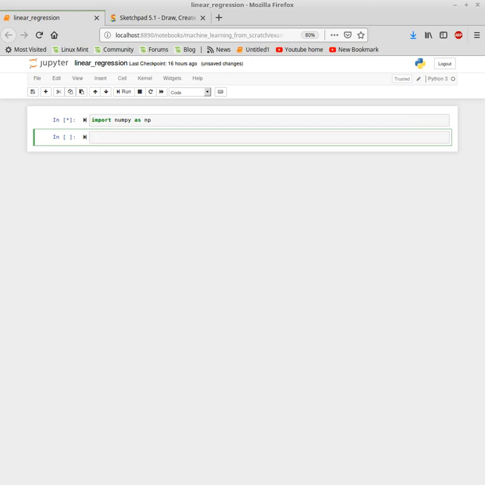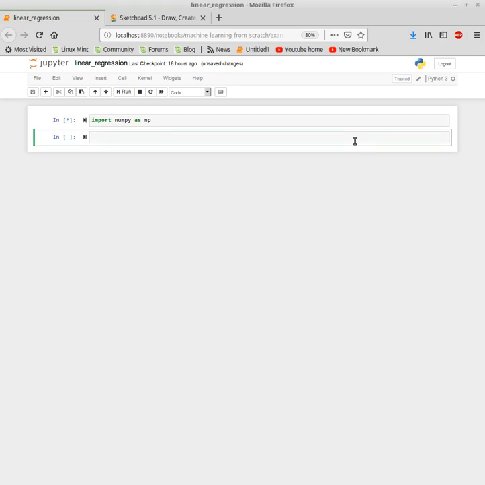So let's create a linear regression class, and then we'll create 3 methods: train, validate, and predict. And then we can have the input data and the XY data be the input data, and then we can put epochs to show how many iterations of gradient descent we want to do, and then set the alpha learning rate.